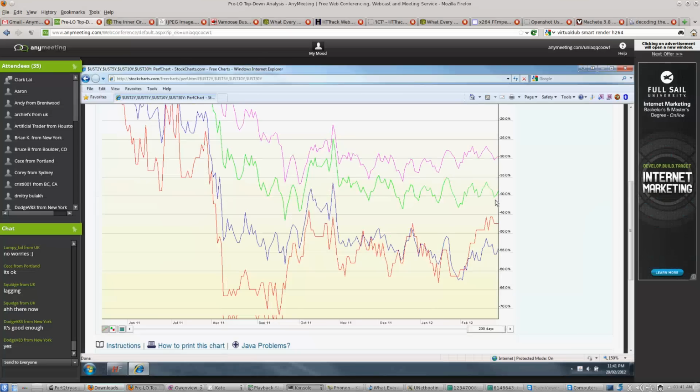It kind of confirms the bull trend. You don't really see divergence signaling a reversal at this point. So I would safely assume that it's still bullish.